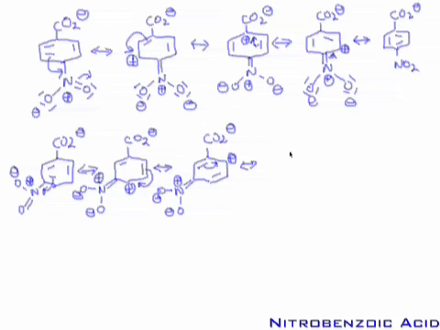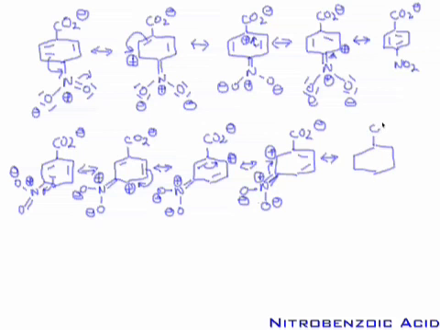Move these 2 electrons here. Takes a little time to draw these. And finally, if I move these pi electrons back, and I dump in a lone pair, I will get back to our NO2.